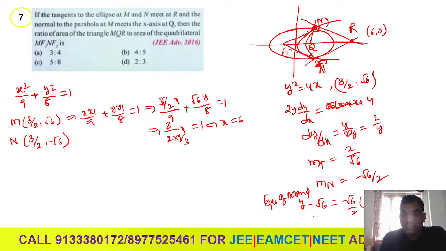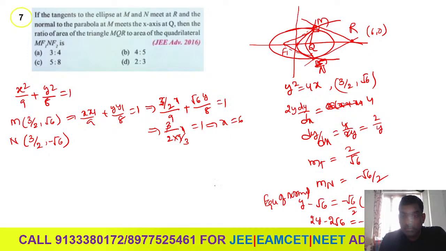So simplifying, 2y minus 2 root 6 is equal to minus root 6 x plus 3 root 6 by 2.